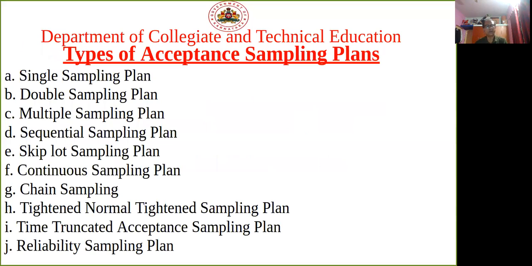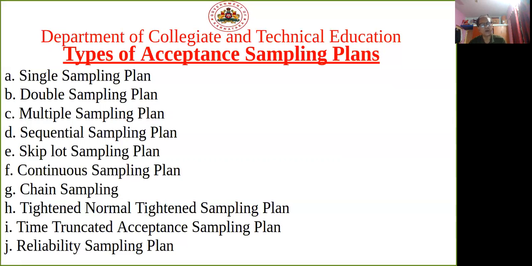The next topic is the types of acceptance sampling. There are many types. One is the single sampling plan. The second is the double sampling plan. Third is the multiple sampling plan. Fourth is the sequential sampling plan.